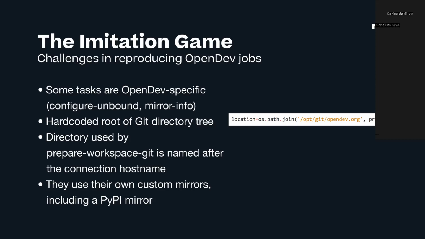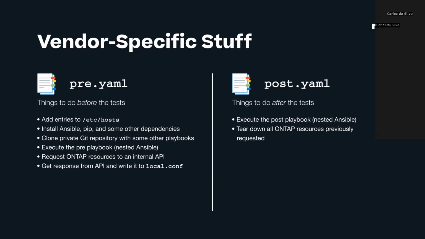You will not always have the same identical infrastructure as OpenDev because of mirrors, unless you use their mirrors, which I'm not sure if you can do. So specifically talking about our jobs right now, which for Manila will be the Manila.NoSS and Manila.SS, which respectively are jobs for driver handles share server false and driver handles share server true mode of operation.